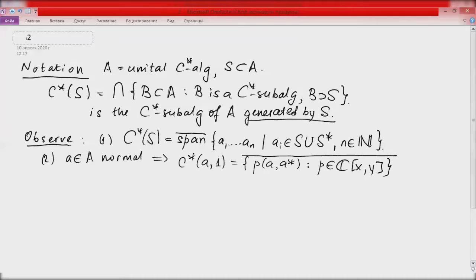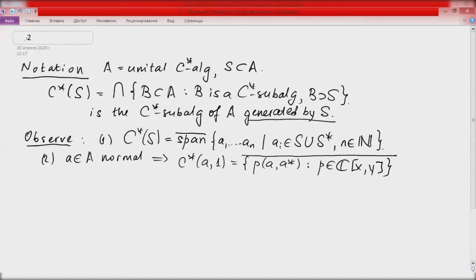Well, this is immediate from the previous equality because each finite product of an arbitrary number of copies of a and a star can be written as a monomial in a and a star because our element is assumed to be normal.